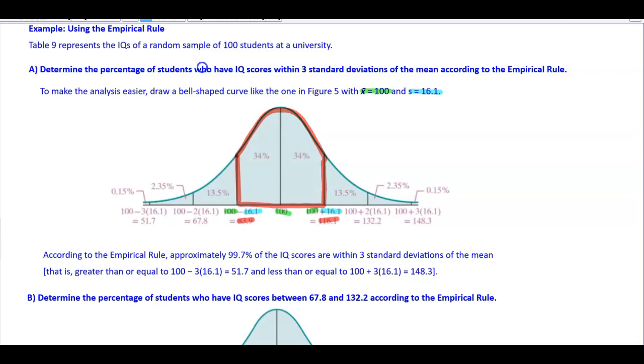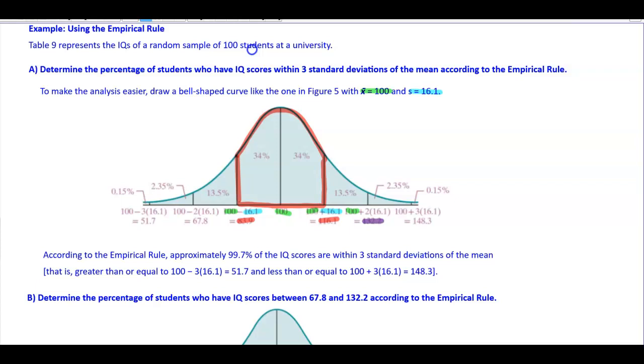Next, that 100 is now going to be added to 2 standard deviations from the mean. So we have 2 times the standard deviation from the mean, which gives us 132.2.